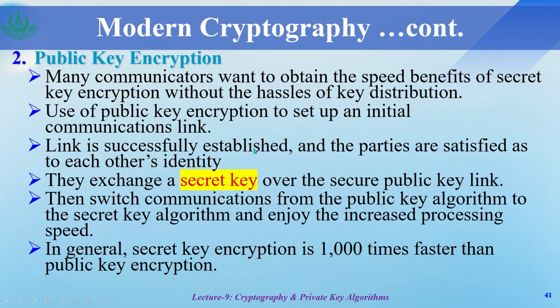Once the link is established and the parties are satisfied as to each other's identity, they exchange the secret key over the secure public key link. Then they switch communication from the public key algorithm to the secret algorithm and enjoy the increased processing speed. In general, secret key encryption is 1000 times faster than public key encryption.